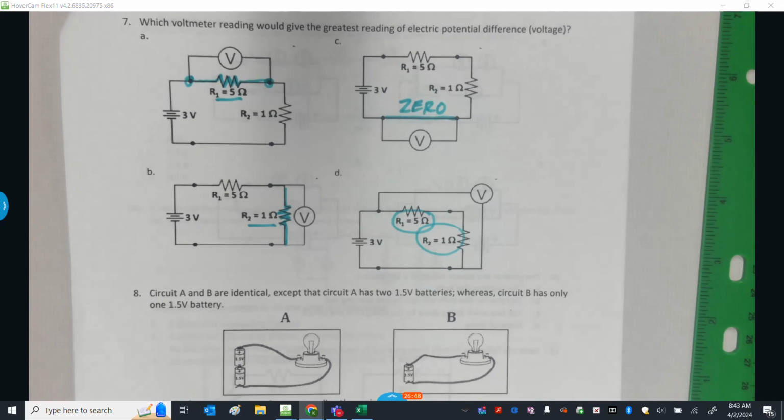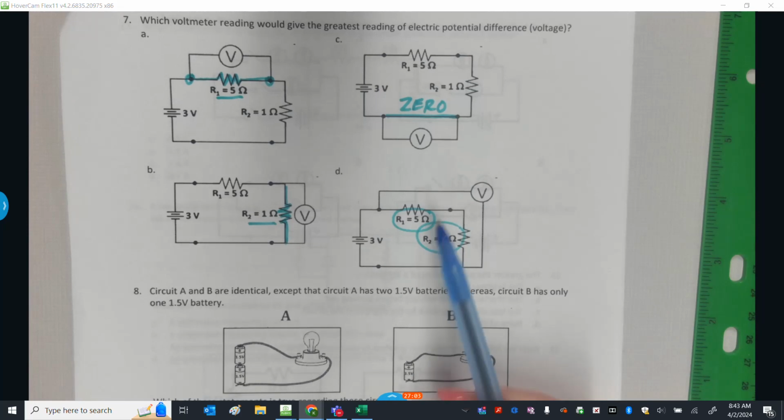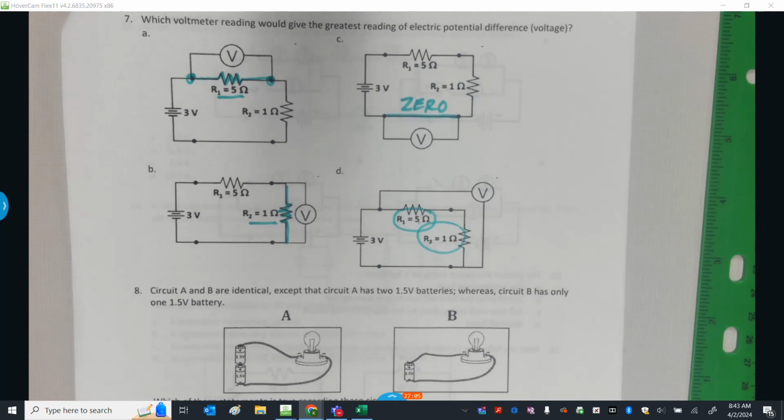You're going to have a greater voltage drop where you have more resistance. So if you have a greater resistance, you will have a greater voltage drop. I don't have to do any math. I could, but I don't need to. I know that if I measure both of them together, that's going to be a bigger voltage drop than them separately.